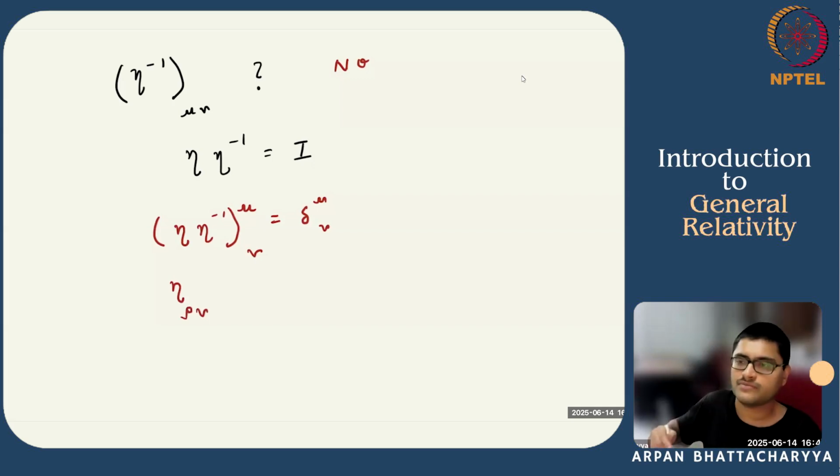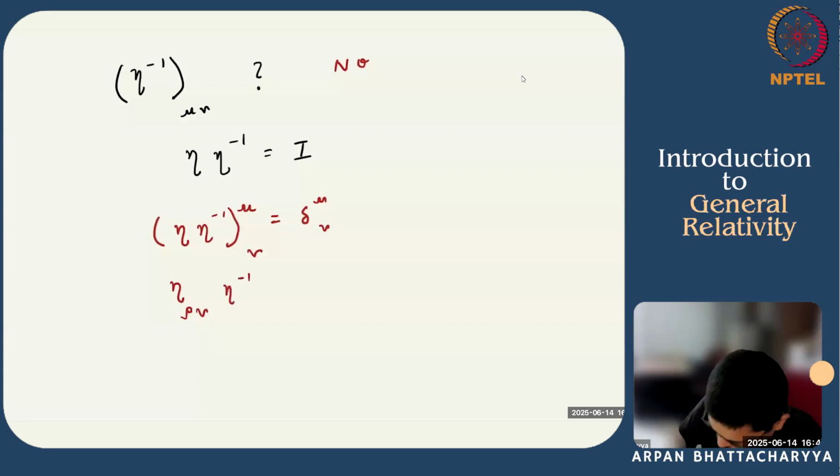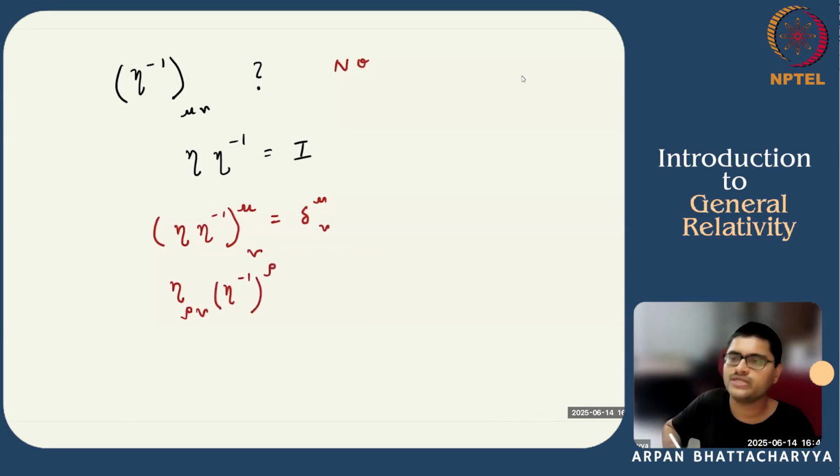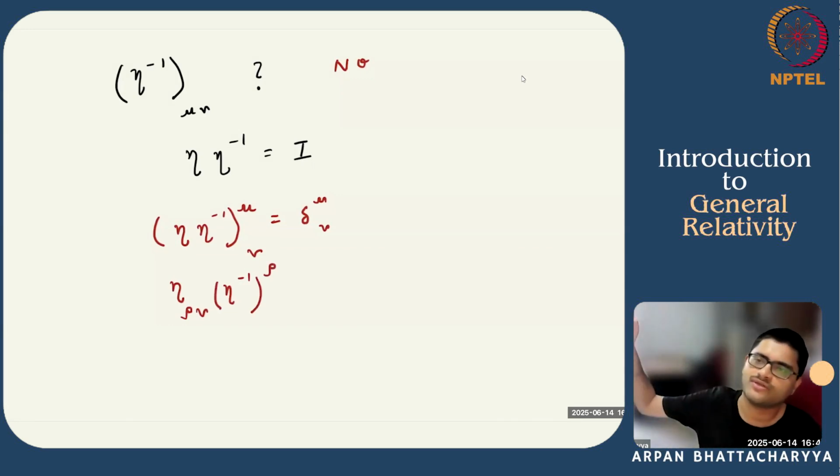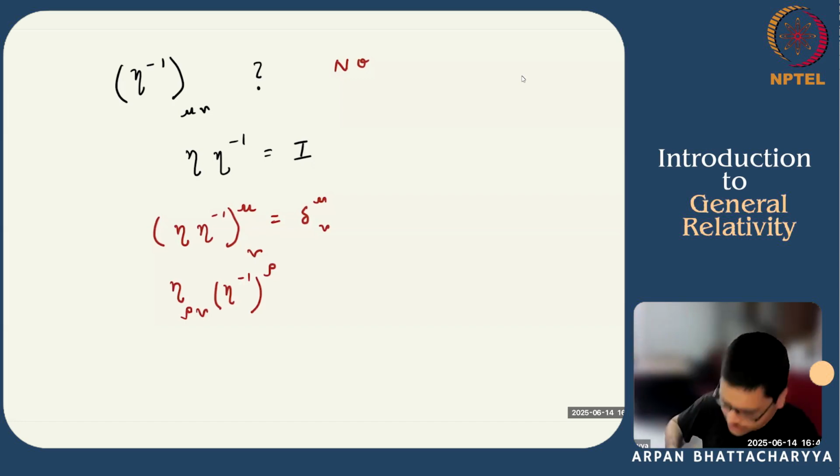Now eta times eta inverse is written as a matrix multiplication, so one of the indices should be contracted. So this row index should be contracted. Hence, we should have a row up index. Two indices can only be contracted when one of them is up and the other down. That is what we have discussed, and hence the remaining free index mu will go up with the eta inverse.